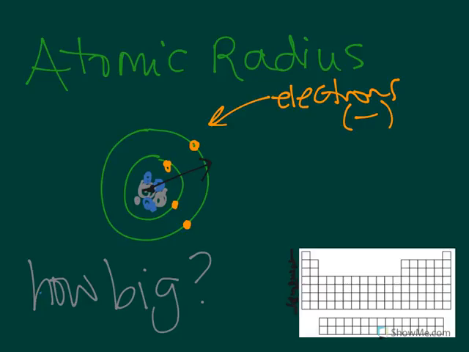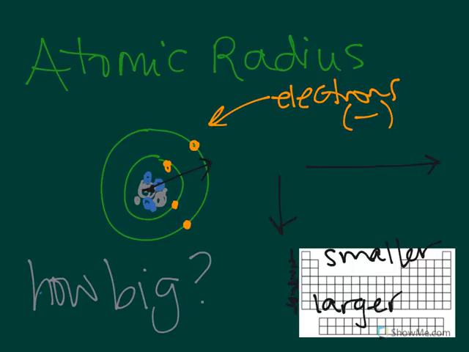So it makes more sense that as you move down a column in the periodic table, the atomic radius gets larger. So if you're going from top to bottom, your larger ones are at the bottom.